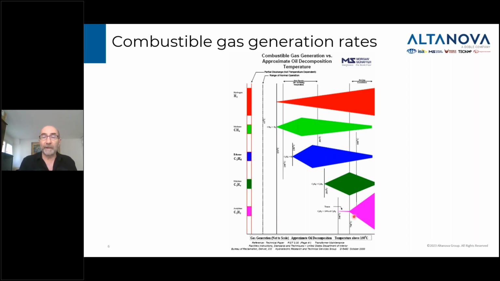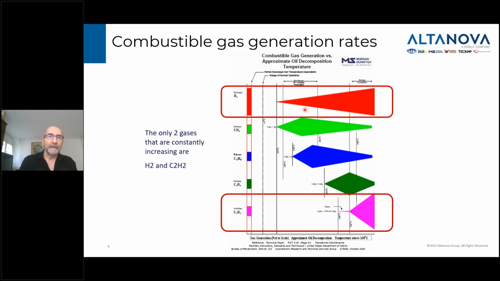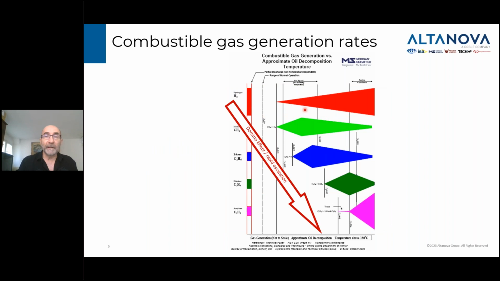And this is where you get into an area of potential failure of your transformer, because you have a huge amount of acetylene being generated at the same time that a very large amount of ethylene is being generated. When you look at this, there are only two gases that are constantly increasing, hydrogen and acetylene. What you have is what you call a domino effect.